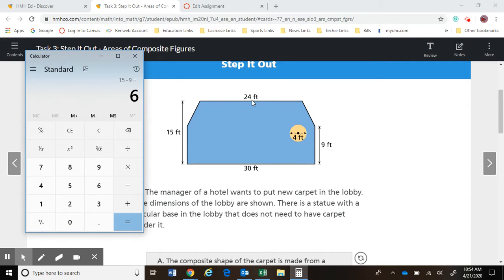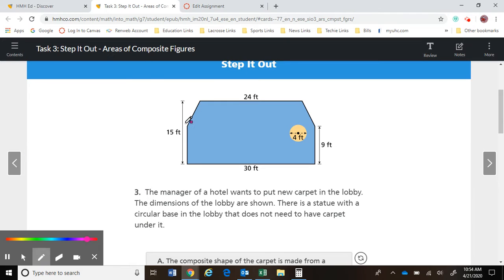But then I've got a base of 24 and a base of 30. I can come along right here, draw this in, and write 30 here. So I've got bases of 24 and 30, and a height of 6.